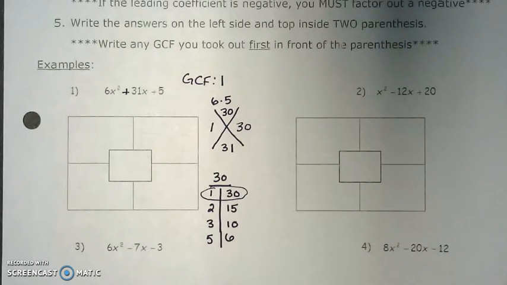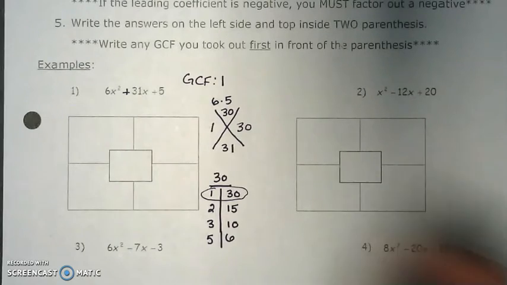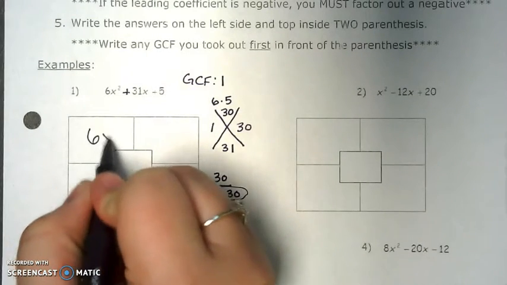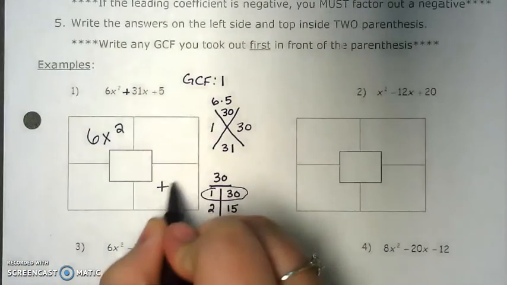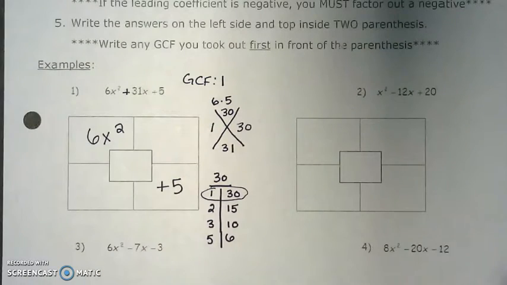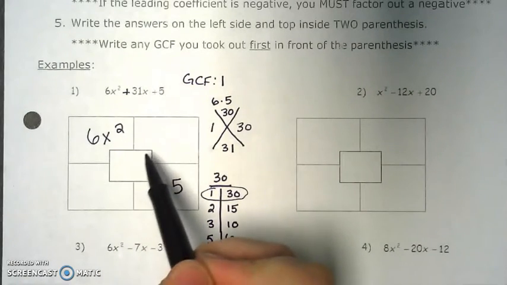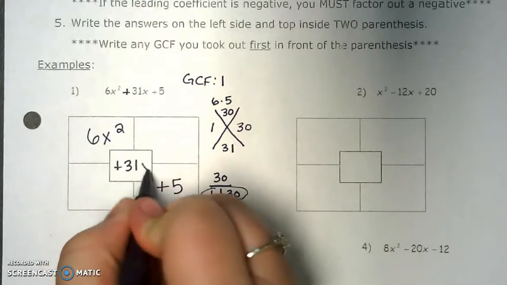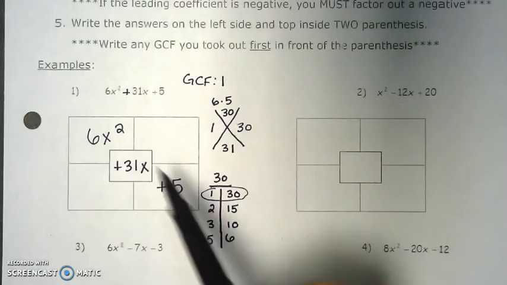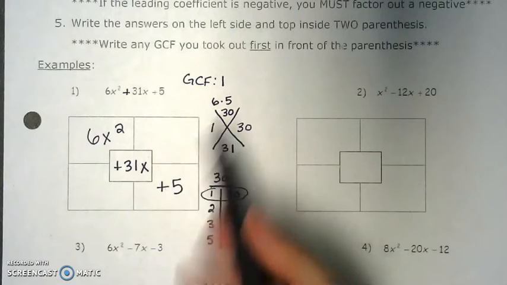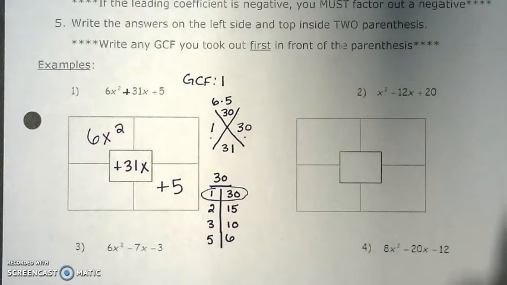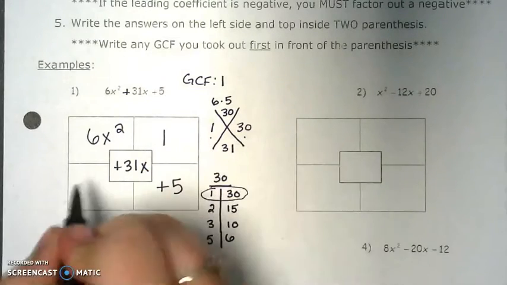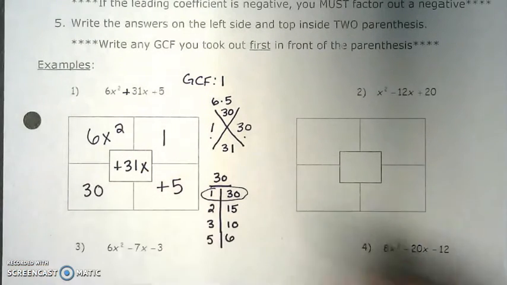Now we're going to fill in our box like we did yesterday. So the very first term goes here. Last term. Now, this extra box is for the B term. So we put plus 31x. Now the way we fill in the rest of the box are the two numbers that we found. So we put a 1 here and a 30 here.